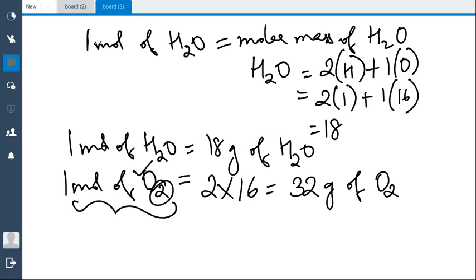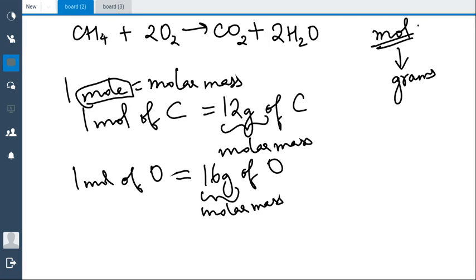So now we can proceed to our topic. I wrote this equation.